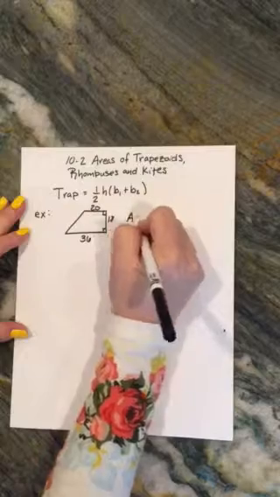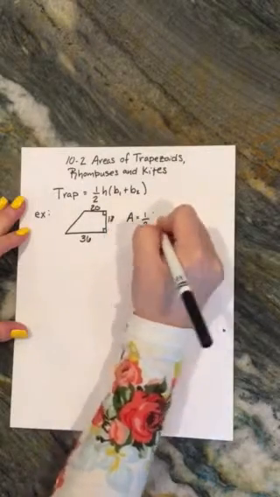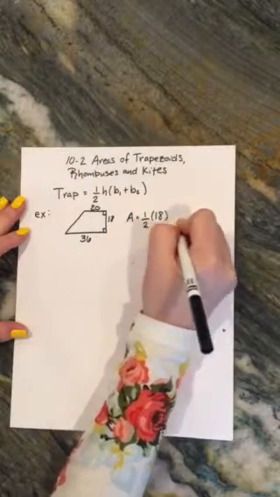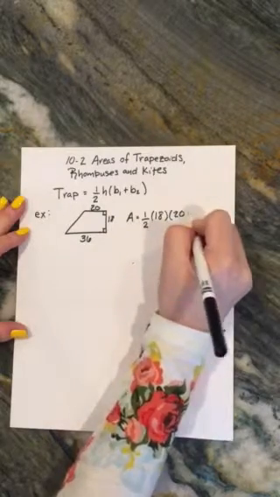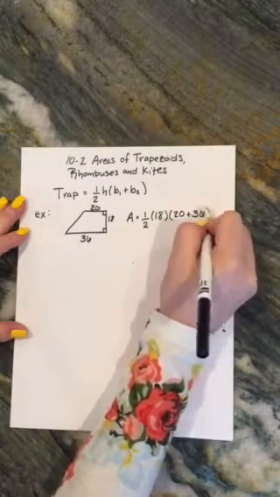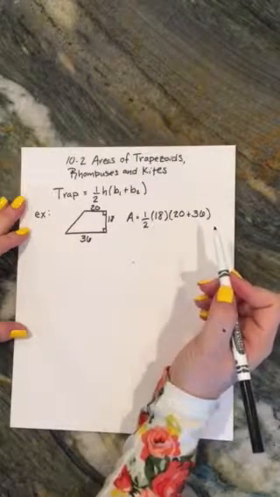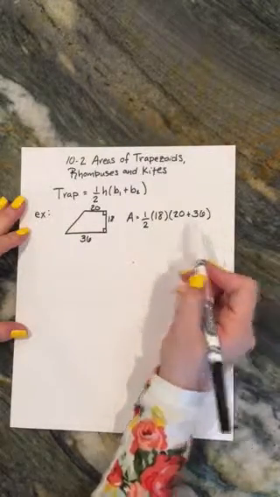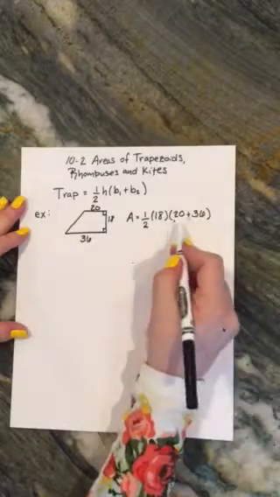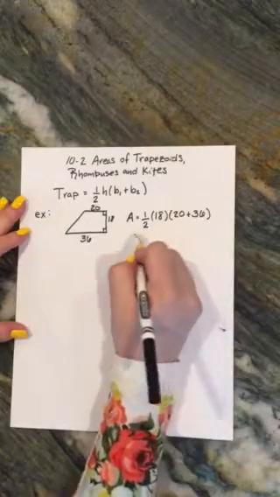So the area of the trapezoid is 1/2. The height is 18. Base 1 we can say is 20 and base 2 is 36. Doesn't matter which one is base 1 and which one's base 2? Nope, we have the commutative property of addition, so it doesn't matter. You could put 36 plus 20 if you want.